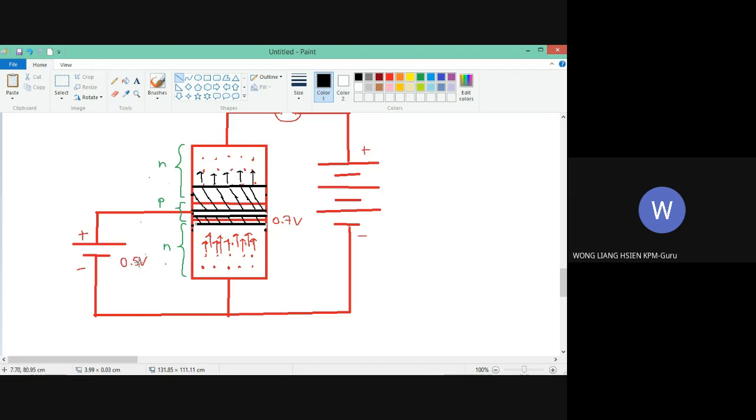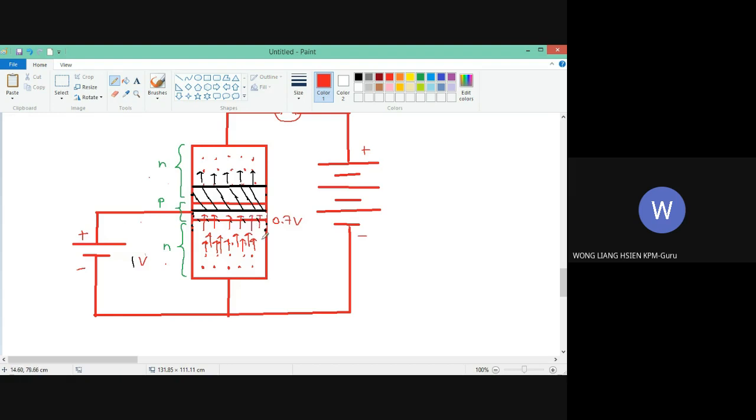However, if this power source is increased to, let's say, 1 volt, which is higher than the 0.7 volt junction voltage, what happens is this diffusion layer will disappear. Because this positive is strong enough, and this negative is strong enough to push the electron to pass through the junction.